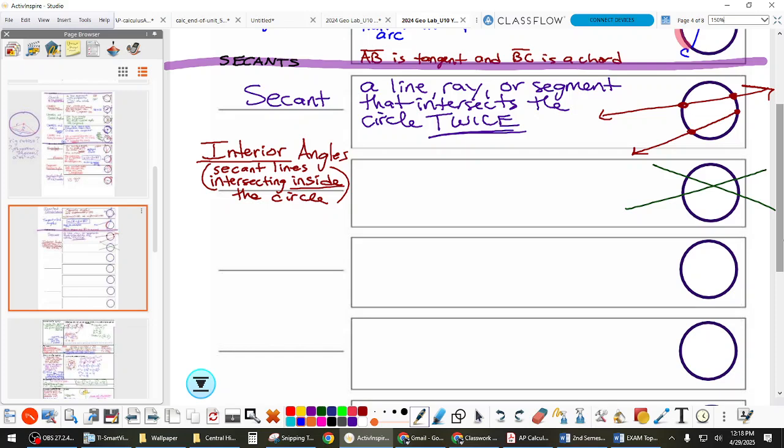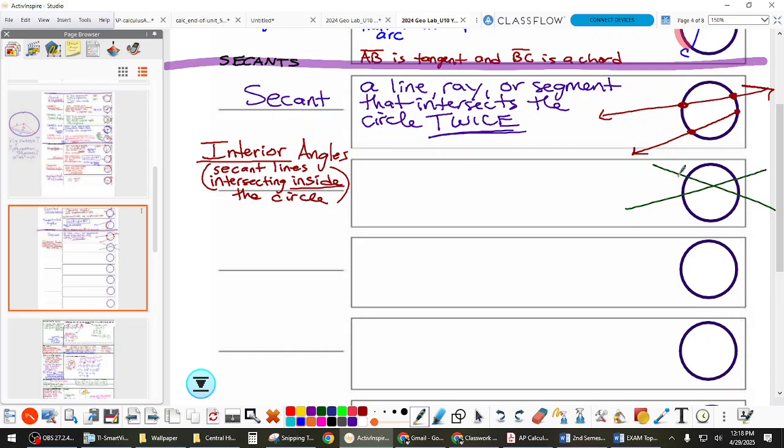And then we started talking about these interior angles. So when secant lines intersect inside the circle, it creates angles, just like all intersecting lines. But we can relate those angles to the arcs because it's in a circle, which is cool. Okay?